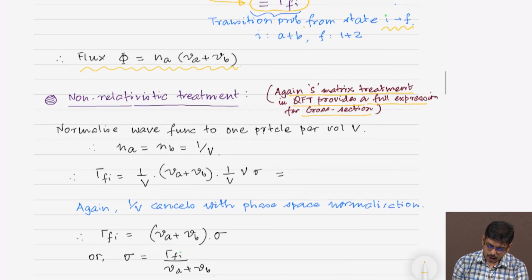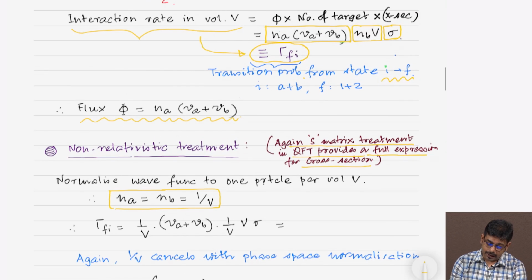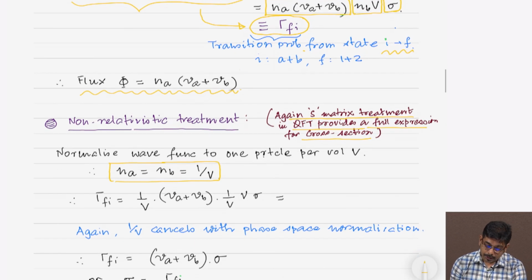So, the first thing that we do is to normalize the wave function to one particle per unit volume. In that case you can say that Na and Nb are simply 1 by V. So, this gamma Fi that we wrote will be Na times (Va plus Vb) times Nb times V times sigma.